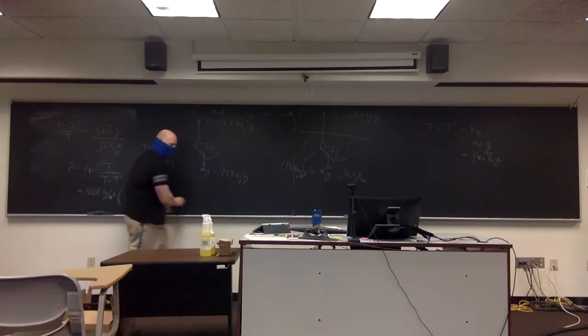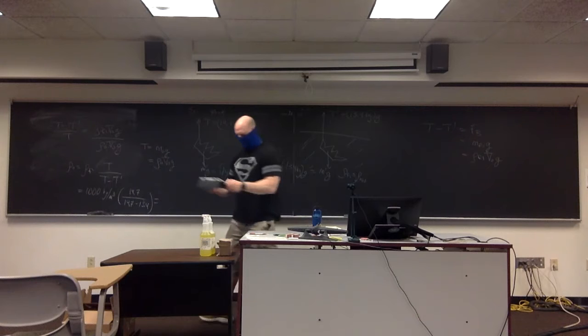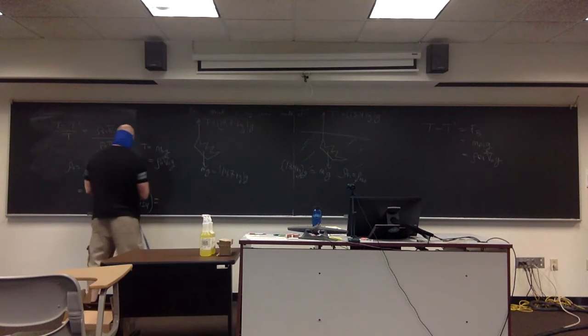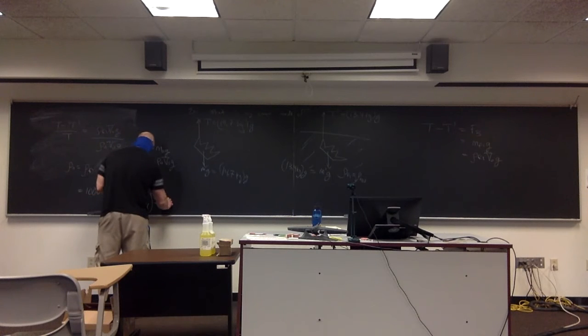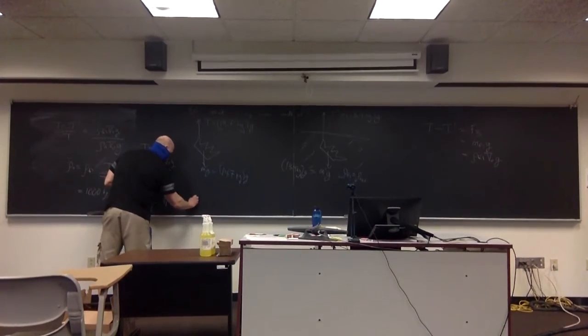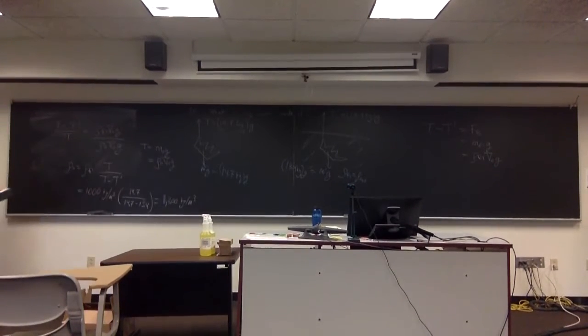So finally, I find that the density of the object is equal to 11,300 kilograms per meter cubed.